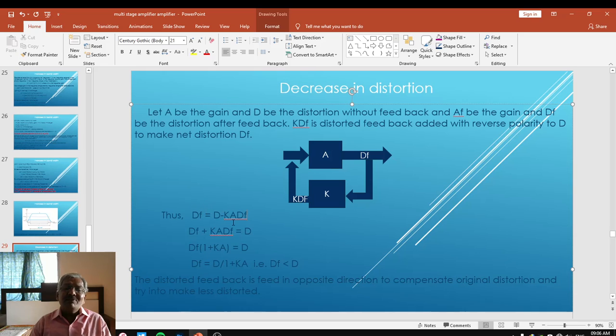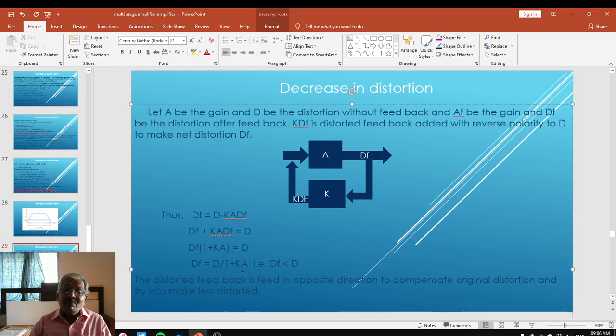Just manipulate the terms, transfer K into A into DF to the left side, so that we get DF plus K into A into DF equal to capital D. Take DF common, DF into bracket 1 plus K A, and that's equal to D. Therefore, DF equals D upon 1 plus K into A. Friends, here the denominator is greater than 1 because K times A is added to 1.